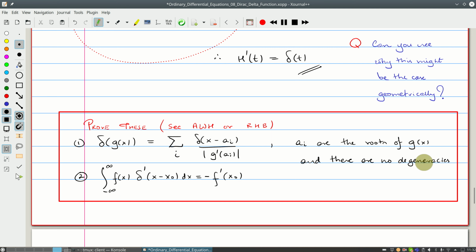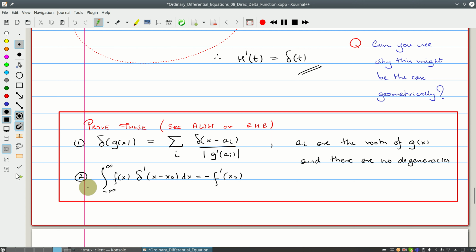This is very important. The Dirac delta of that is given as the sum over the roots, the Dirac delta of x minus a_i divided by the modulus of g prime of a_i. Now this might look like, oh my god, how the heck can I prove that? So have a look at Arfken's book or Riley's book where they explain how you can start to prove this, and it's quite nice.